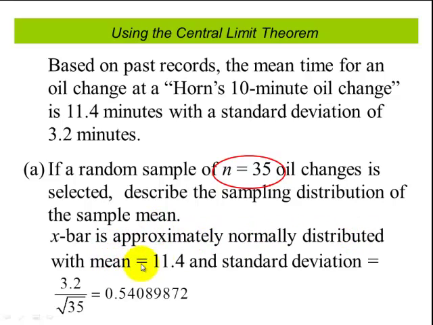Its mean is going to have the same mean as the population, 11.4, and the standard deviation is going to get smaller. We take 3.2 and divide it by the square root of our sample size, 35. This is our standard deviation for the sampling distribution of the sample means. We call this the standard error.